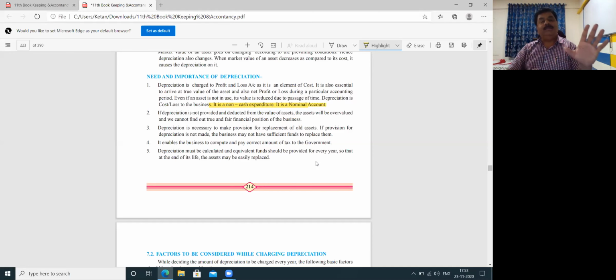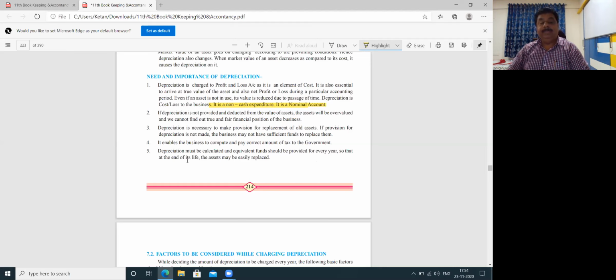Government is also allowing this. Government says okay, your point is right, reduce that much profit, and on the remaining profit you will have to pay income tax. You know that income tax is paid on the income and the depreciation is reducing your income. That should be reduced because you are making the provision for purchasing a new asset.